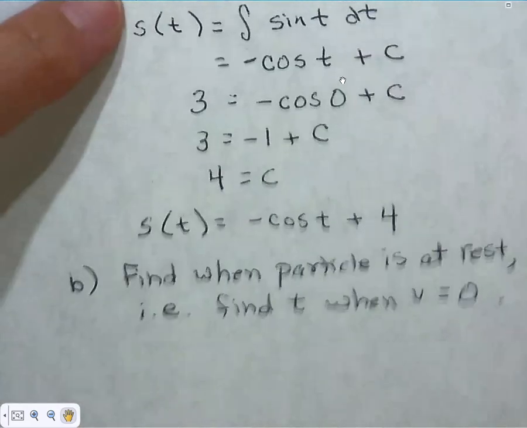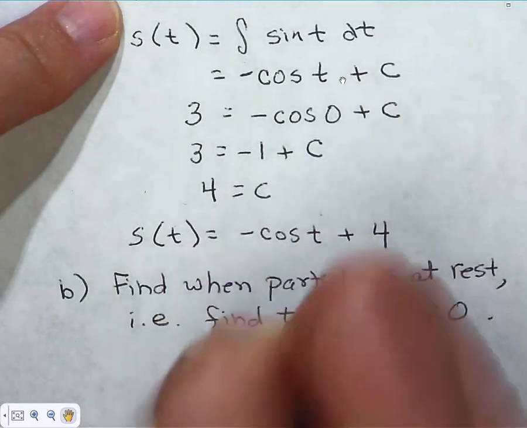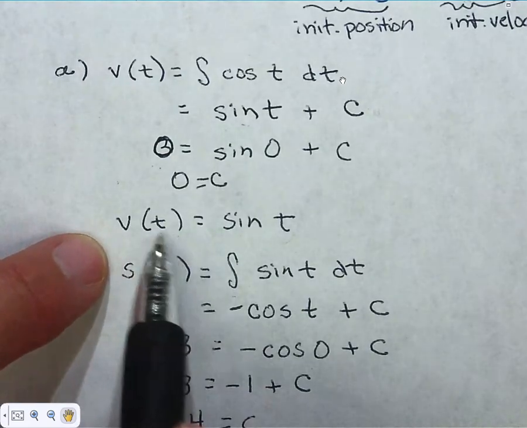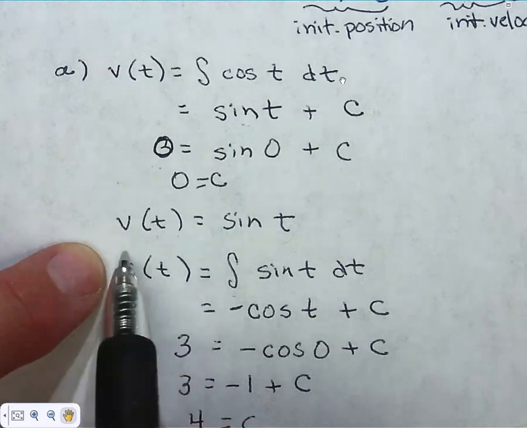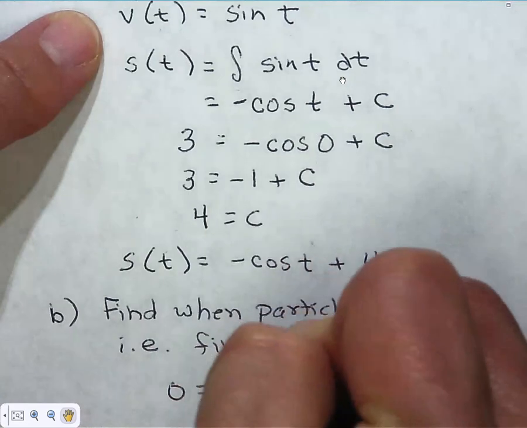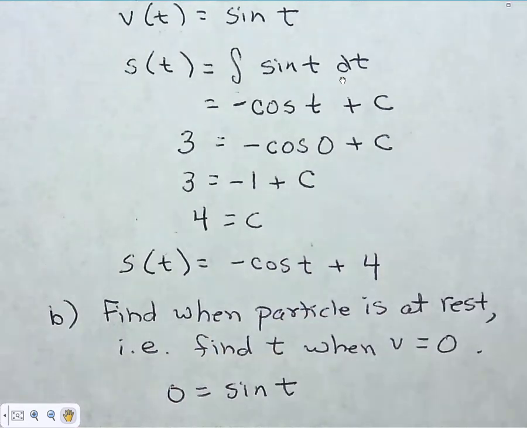You put 0 in place of velocity right here, not just in place of t, because we're not talking about time 0, we're talking about the velocity is 0, and we're solving sine t equals 0.